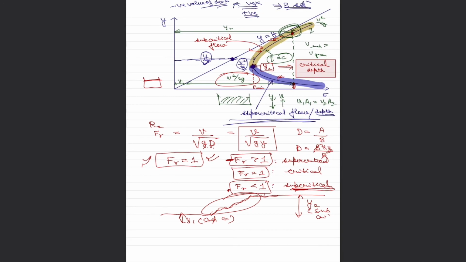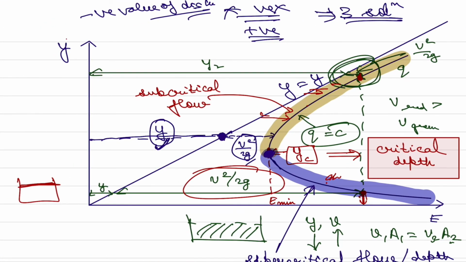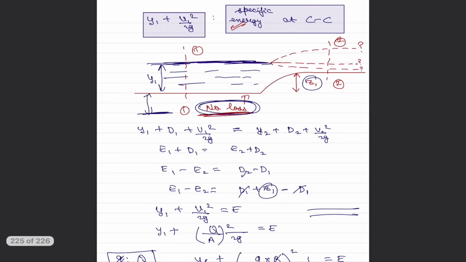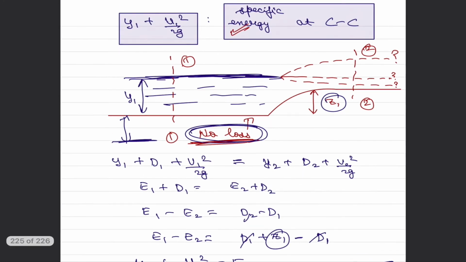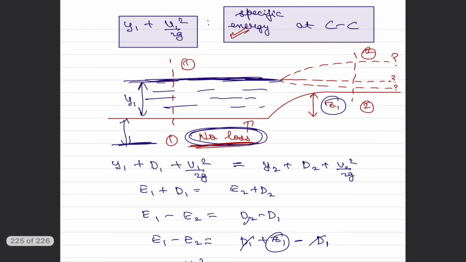Now this curve is plotted between y and E, and I would request you to spend some time thinking about what happens between these sections. In the example that we were talking about just before, we can clearly see that between section 1 and section 2, our specific energy is decreasing because our Q is the same, so Q remains constant.